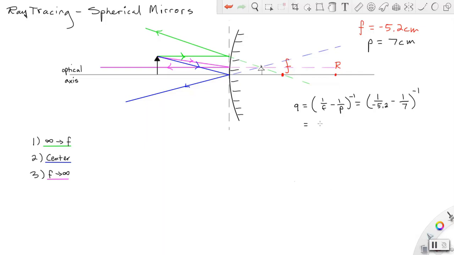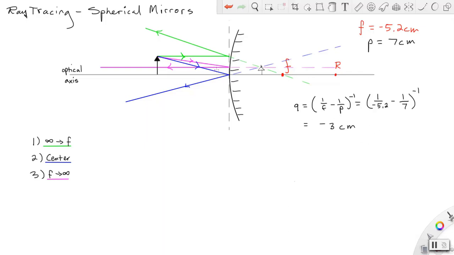Interestingly, that comes out as a solid negative 3. I think it's like negative 2.98 or something like that. But within the precision of what we've been able to measure using this mirror and this ruler, negative 3 is pretty accurate.